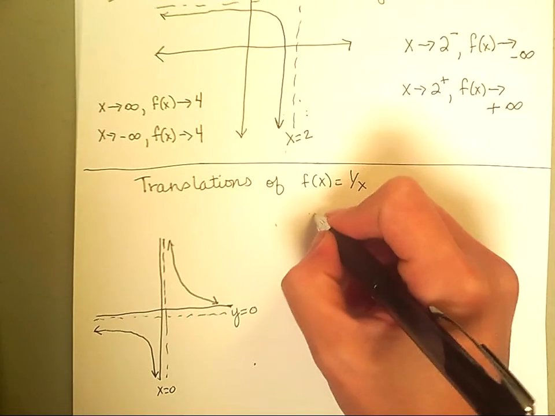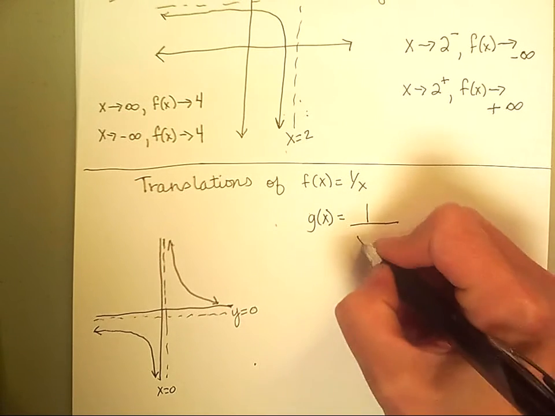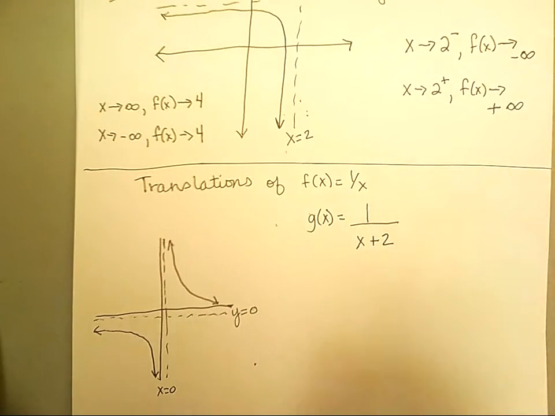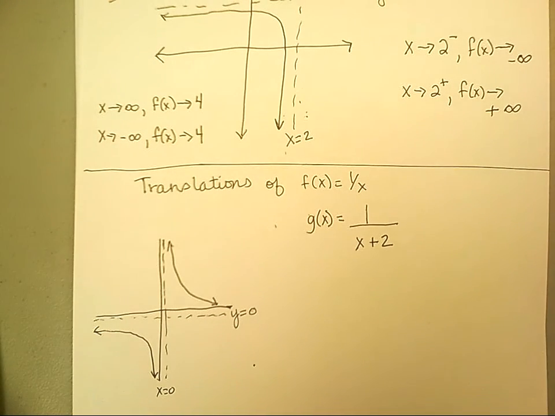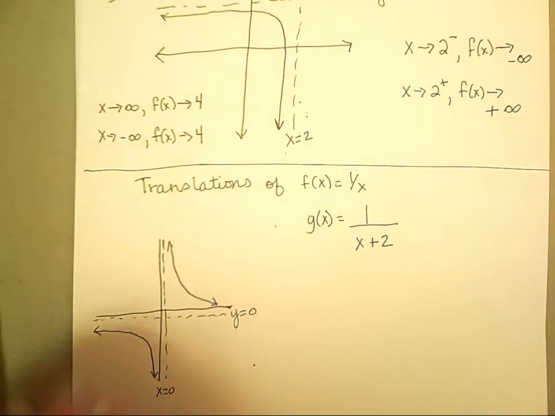Now, let's consider a new function, g of x, that is 1 over x plus 2. So, how is that going to change things?